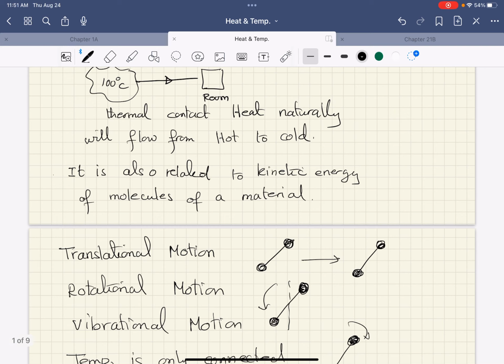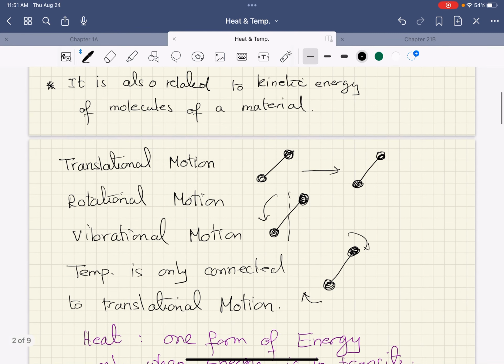Also, temperature is related to the kinetic energy of molecules of materials. For materials, we actually have three types of motion. The first one is the translational motion, and this is when the molecules are moving from one place to another.